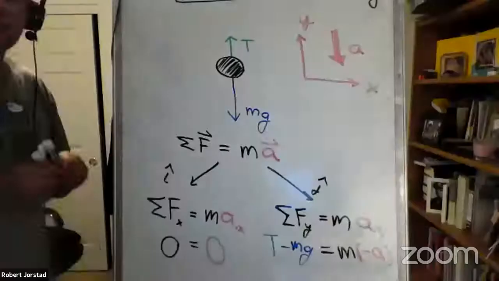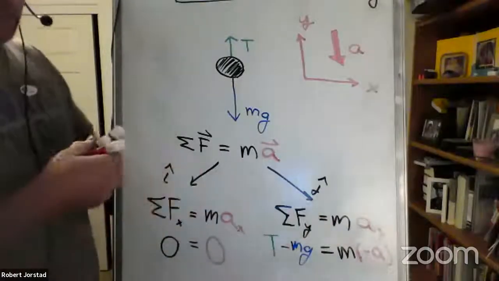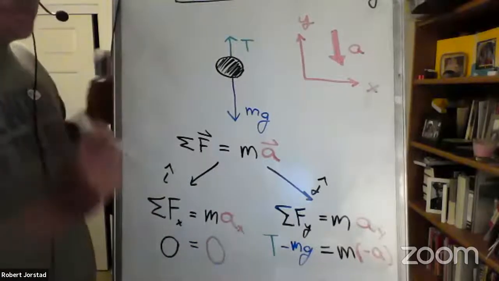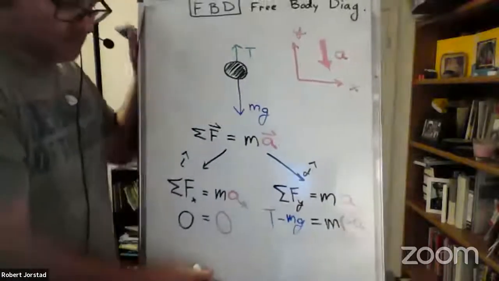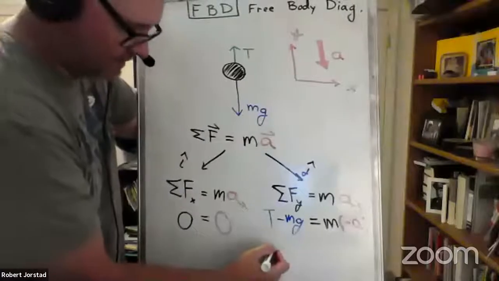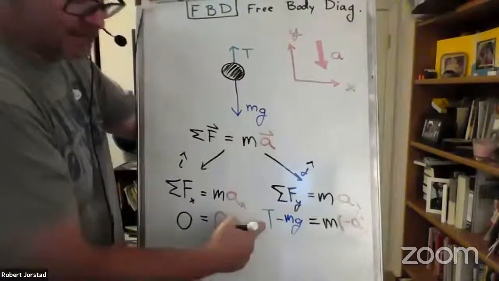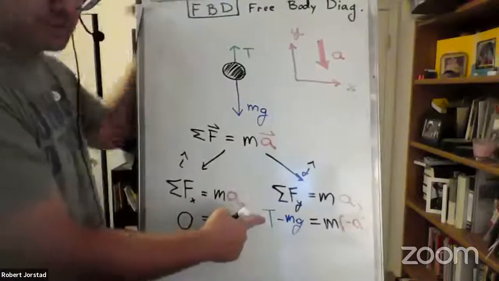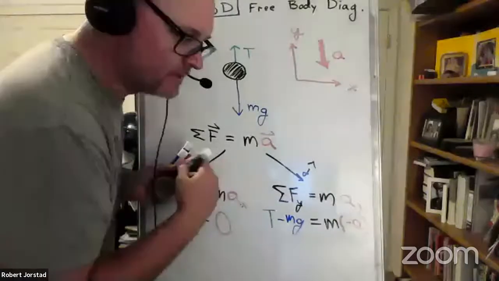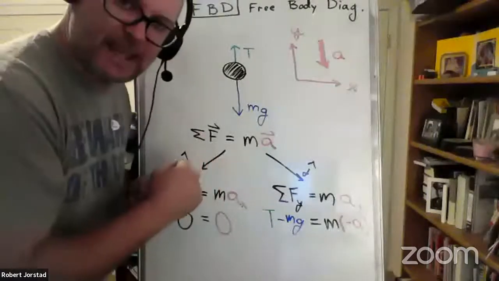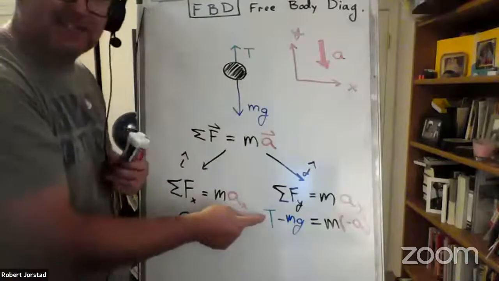All right. And so now at this point, I could write this down. If I solved for tension, let's just solve this for tension. Is that what I said to do? Solve the equation for the scale reading. Well, the scale reads the tension.